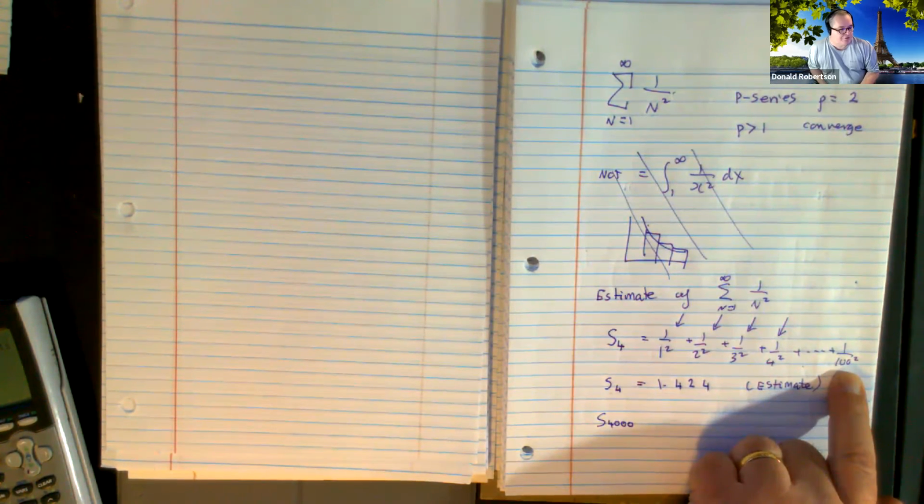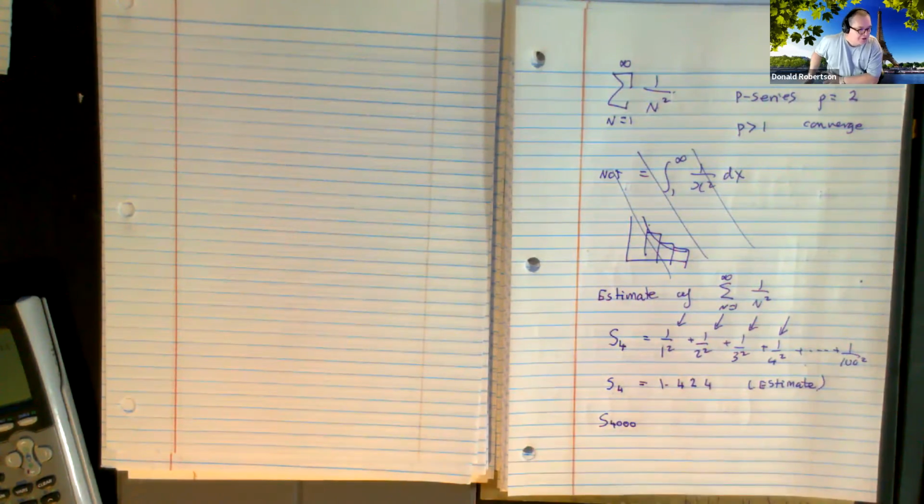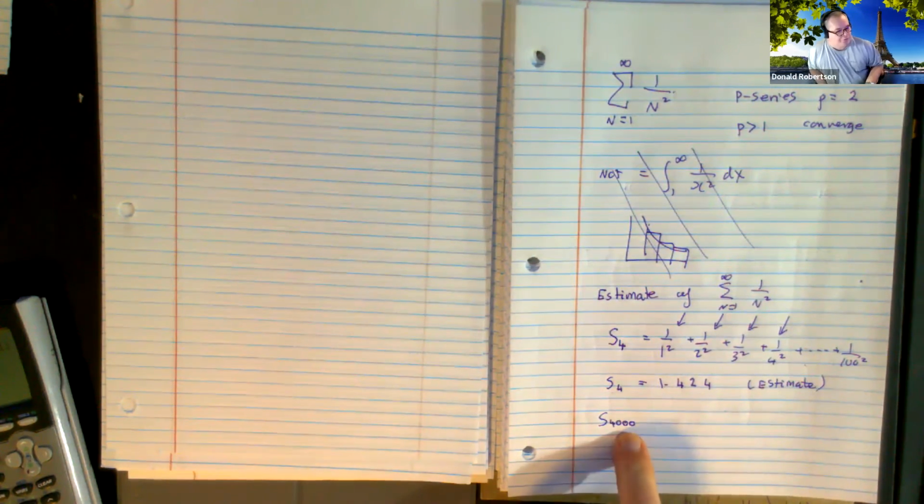Wouldn't that be 0.0001? Can you see that by the time you get to even, say, 100, the terms are pretty small? So the good news is that this strategy of using partial sums is very good at getting you really accurate estimates. The more terms, the more accurate.